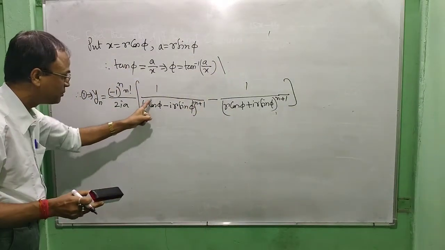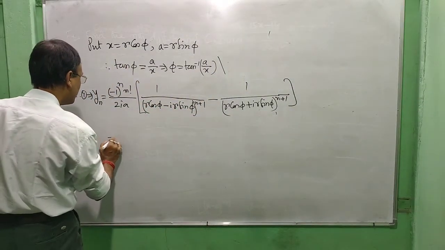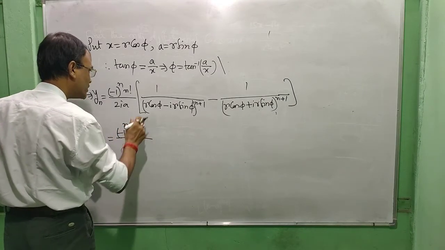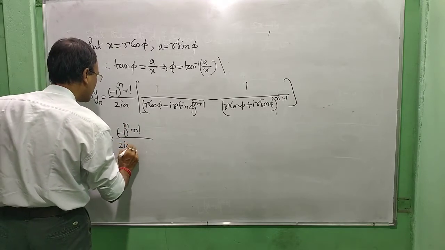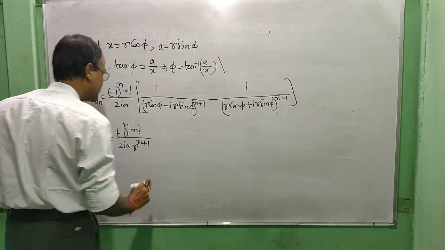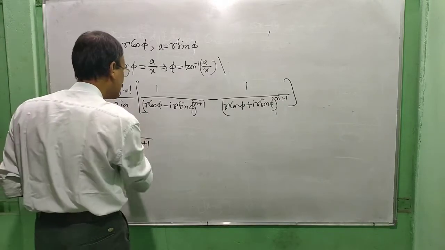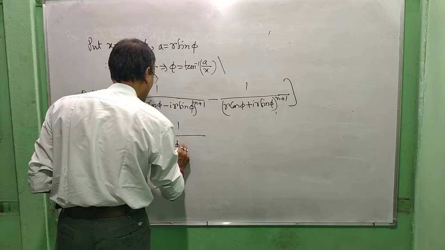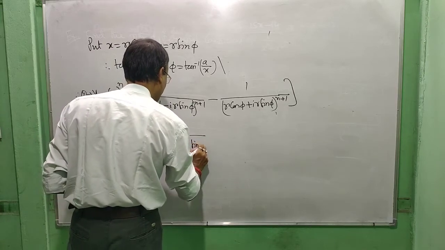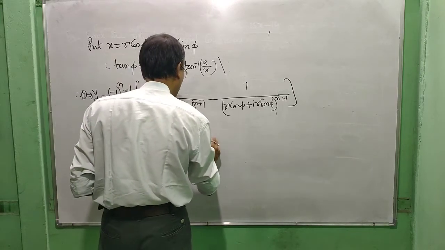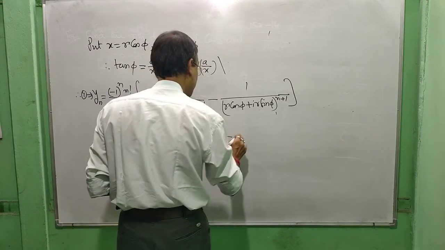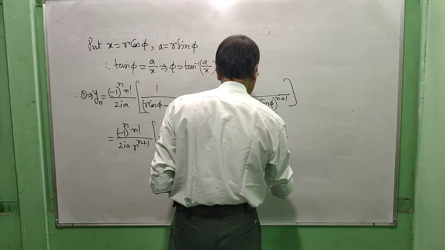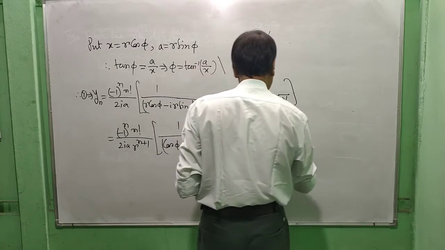Now r to the power n plus 1 in the denominator is common. It can be taken outside. 1 by cos phi minus i sin phi whole to the power n plus 1 minus 1 by cos phi plus i sin phi whole to the power n plus 1.